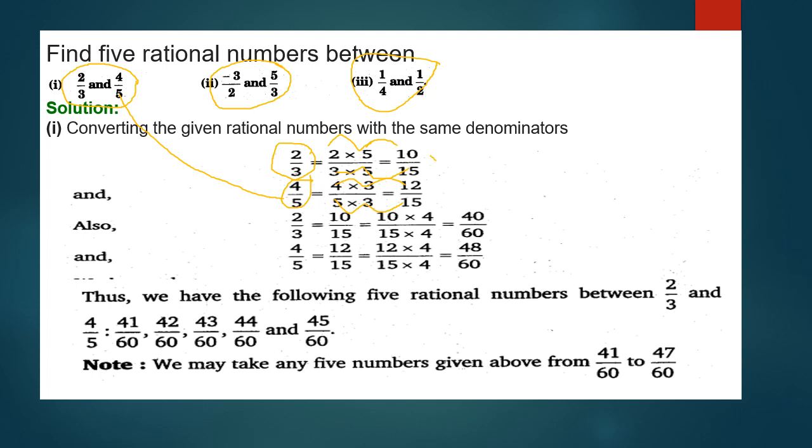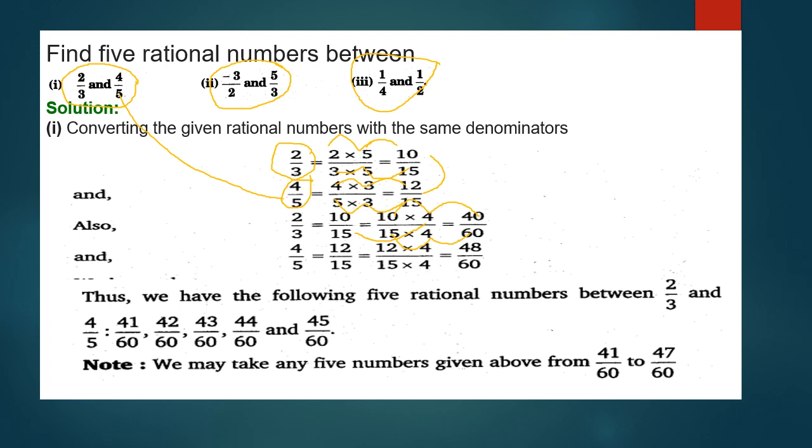Children, but we want to find 5 rational numbers, so again convert this into other equivalent rational numbers with a different common denominator. Let us take 10 by 15 and multiply with 4: 10 fours are 40, 15 fours are 60.